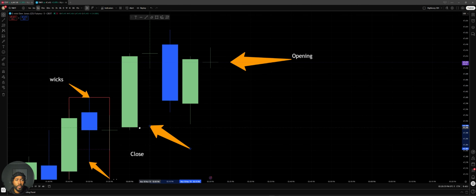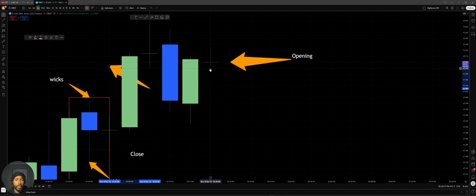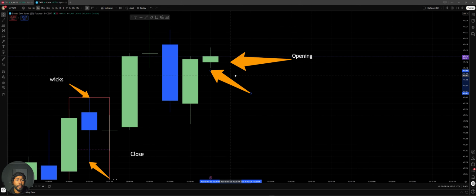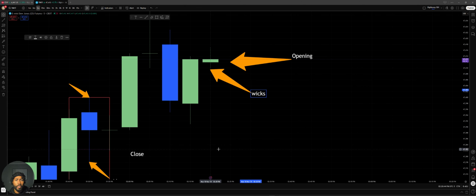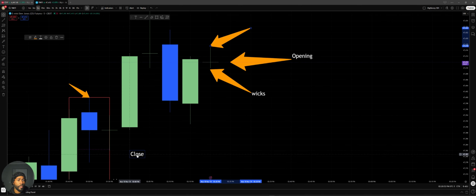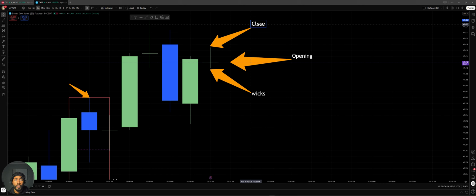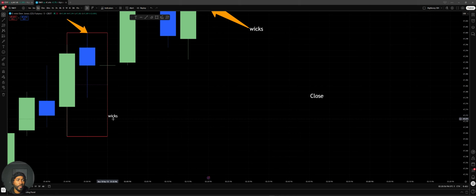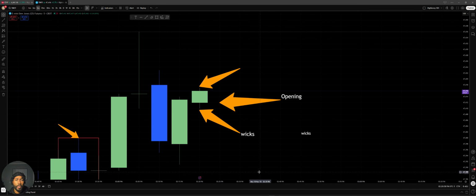You have your wick right here at the bottom, and you have a wick right there at the top. And as you see, price is moving up and down.